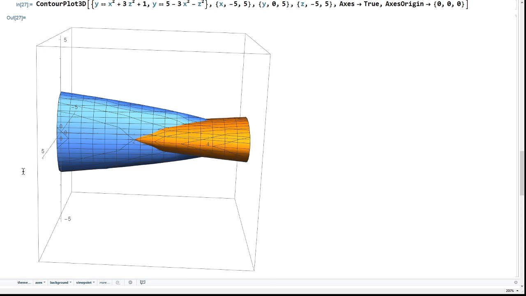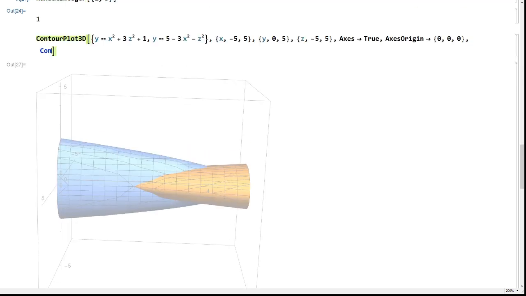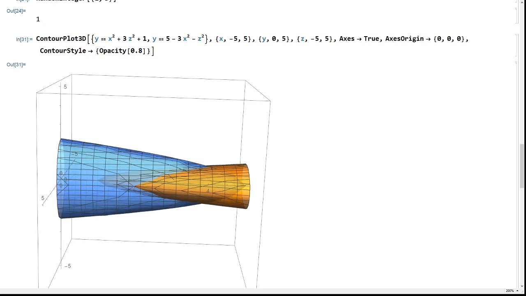And the blue one here is 5 minus 3x squared minus z squared. Right? Okay, good. Maybe you can see a little bit better what's going on here now.